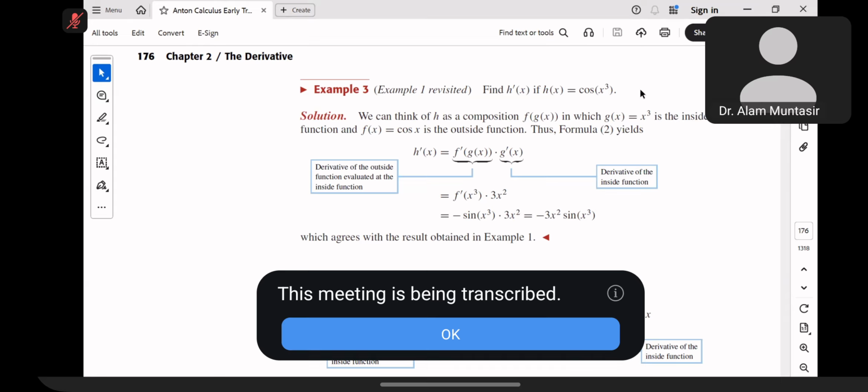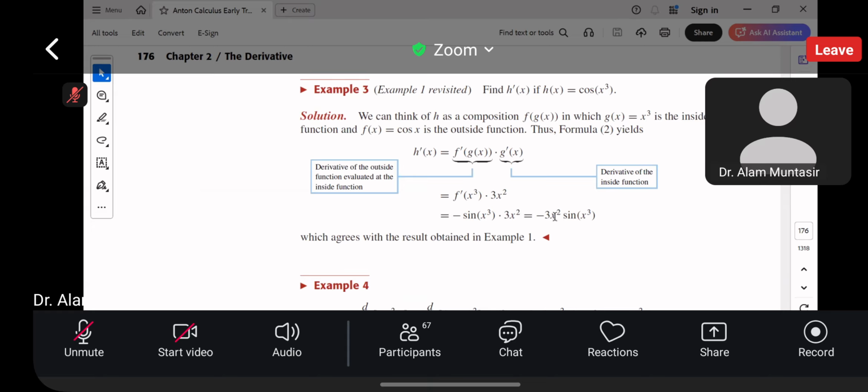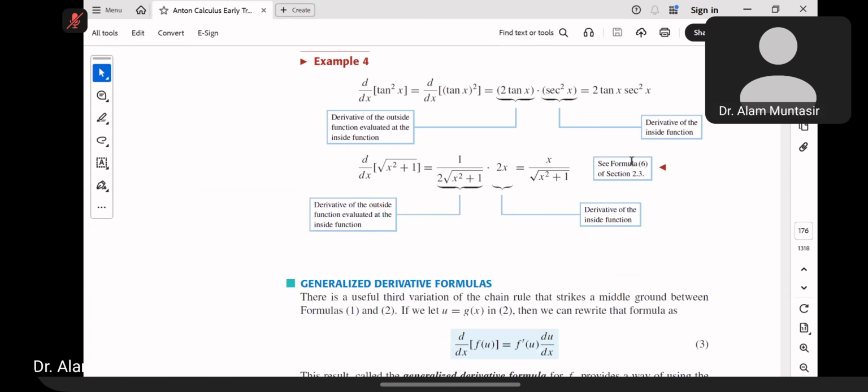So what should be the differentiation of x cube? 3x squared. So therefore directly you can write minus 3x squared sin x cube. So this is known as the shortcut or alternative formula of chain rule.